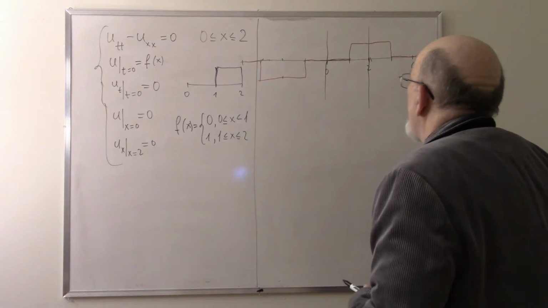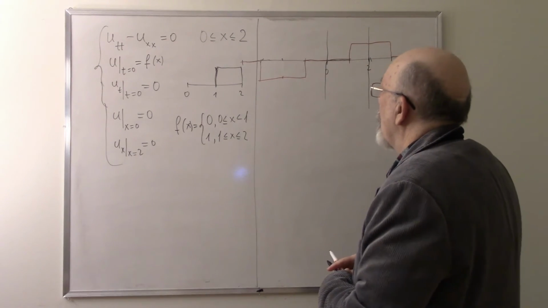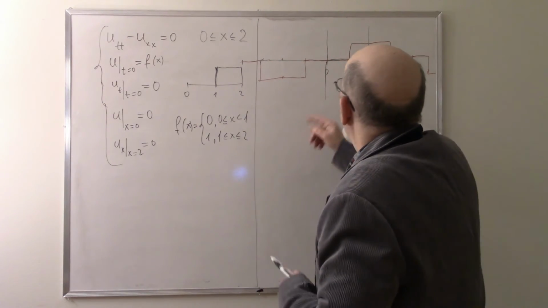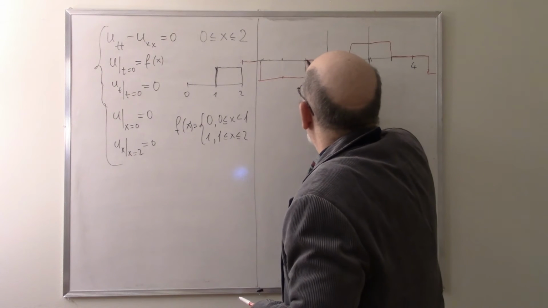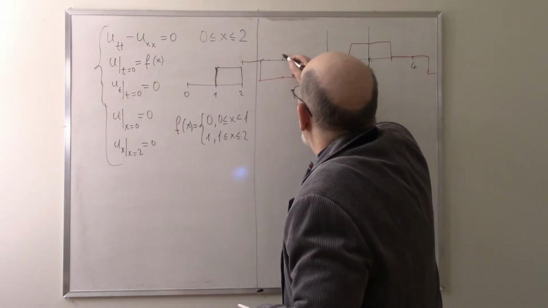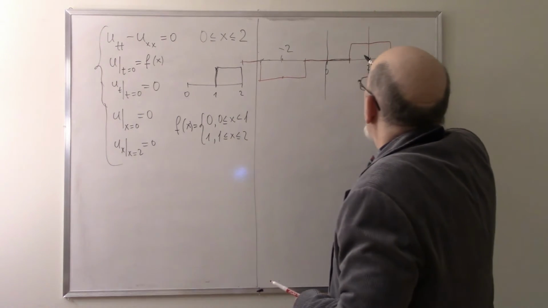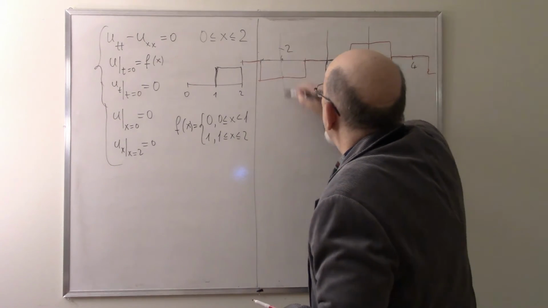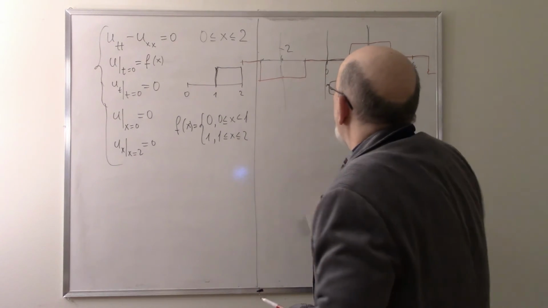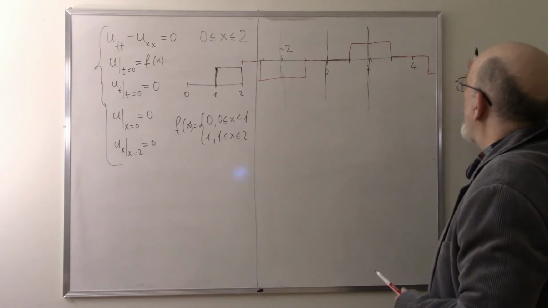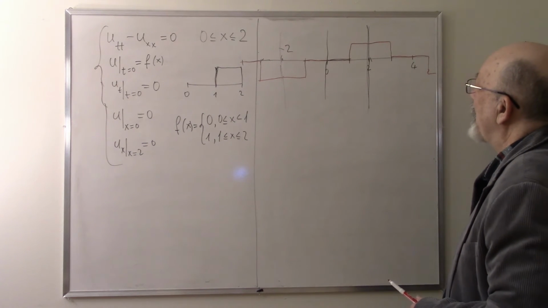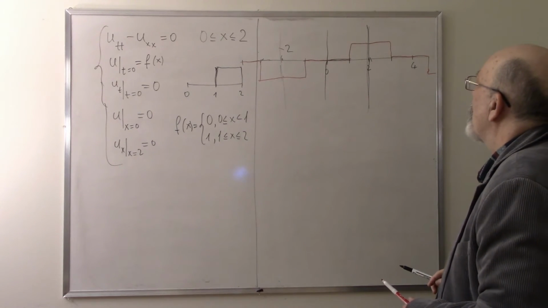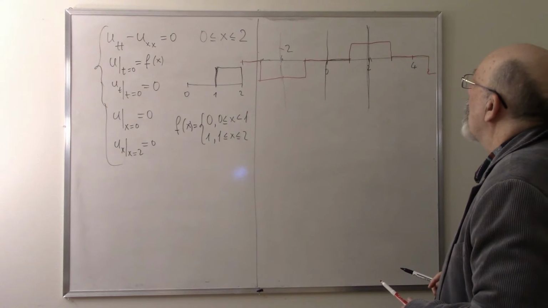And so this way we have, from -2 to 2, one period of the function. Next, the function will be continued periodically. So the length of the period is just 4. No, one moment.